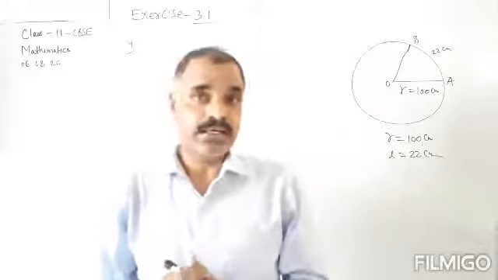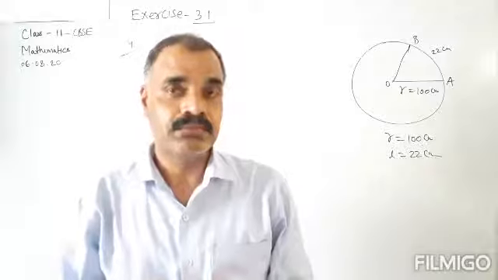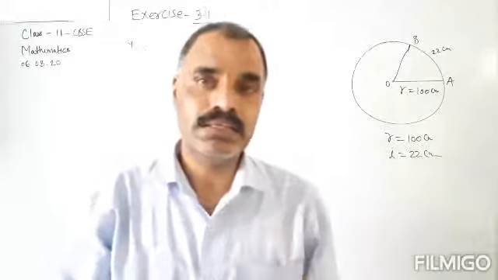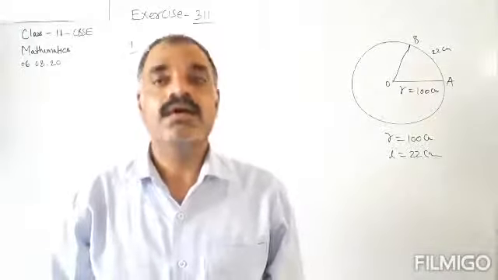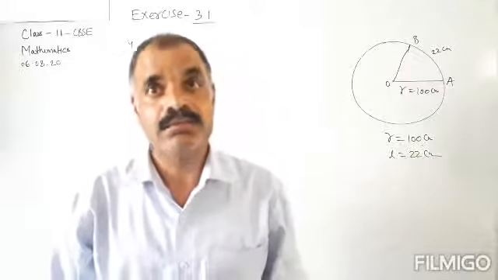So we have a relation between the arc length L, the radius of the circle R, and the angle theta subtended at the center by that arc.